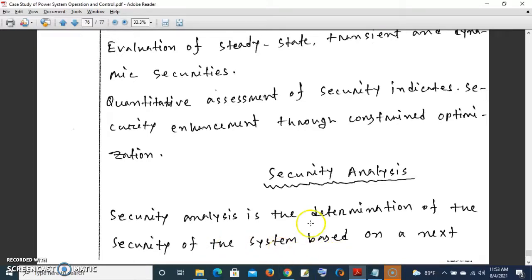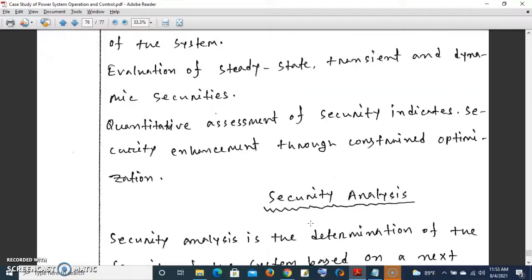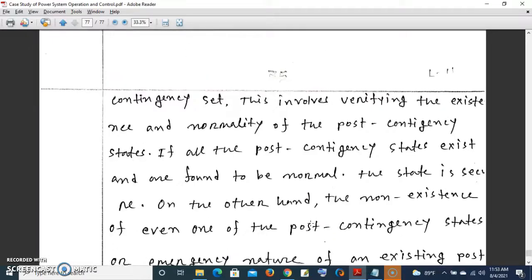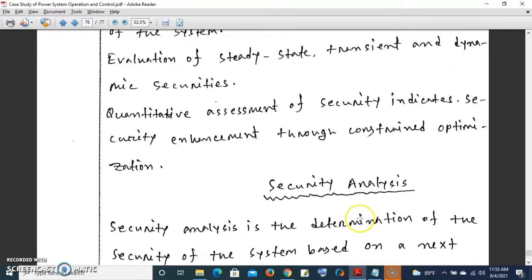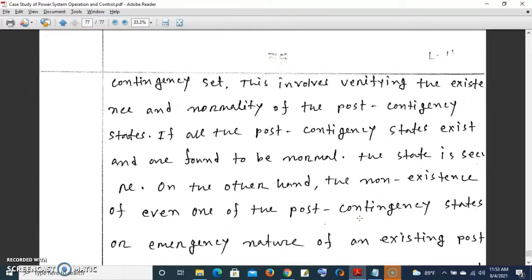And here is the security analysis. Security analysis is the determination of the security of the system based on a next contingency set. This involves verifying the existence and normality of the post contingency states.